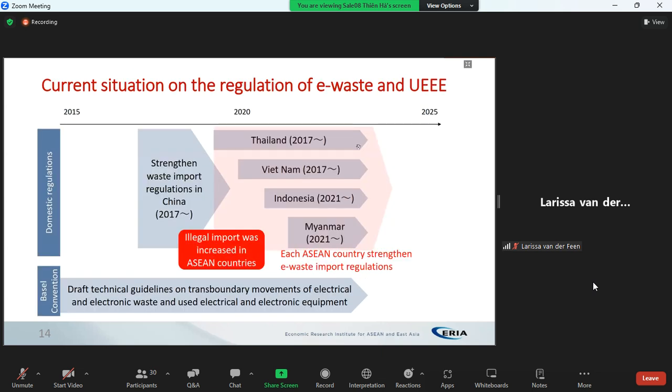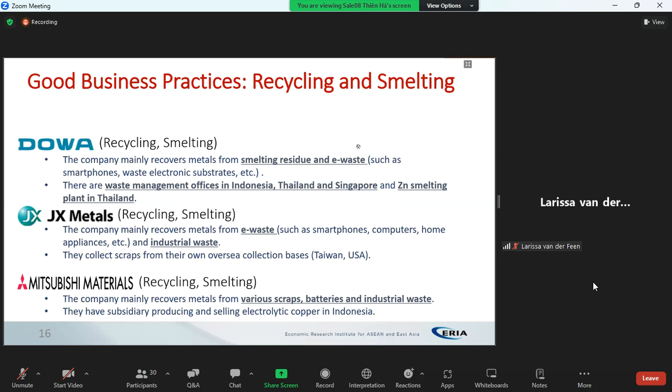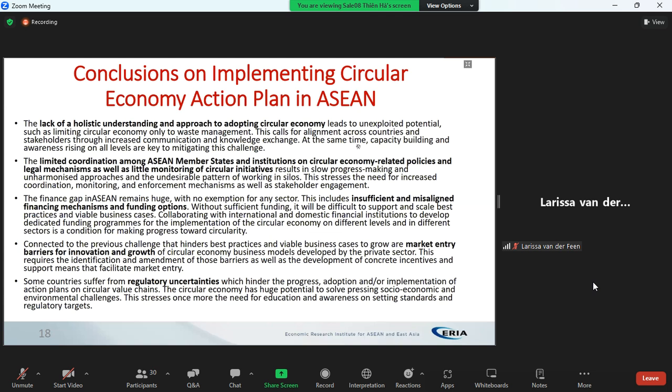We also classified good business practices of companies in Japan and the ASEAN region. Finally, the text is very small, but let me summarize briefly. The lack of a holistic understanding of the approach to adopting a circular economy leads to unexploited potential, such as limiting the circular economy only to waste management.